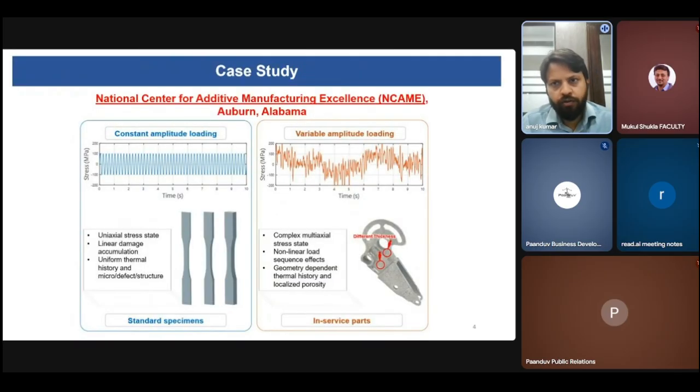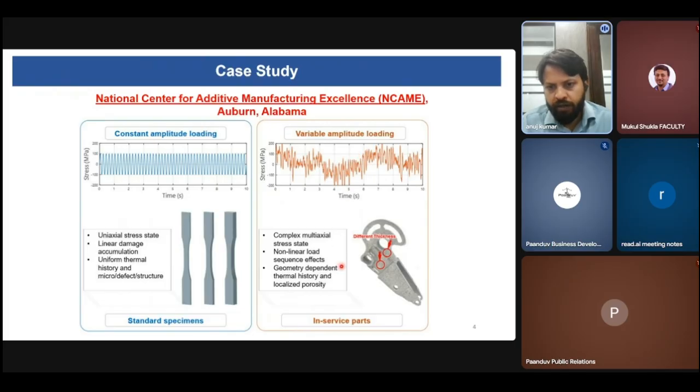That post is made by NCAME at Auburn University, Alabama, and they have showcased how constant amplitude loading is not much relevant when we're talking about in-service parts with geometries like this, where we have variable amplitude loading.